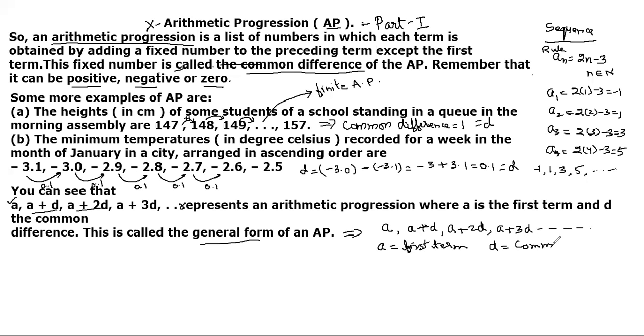So first of all, how to recognize an AP? We have to check in the given sequence, in the given progression, there should be a constant common difference. If a common difference is there, we can say that the given progression is an arithmetic progression. Otherwise, it is not.